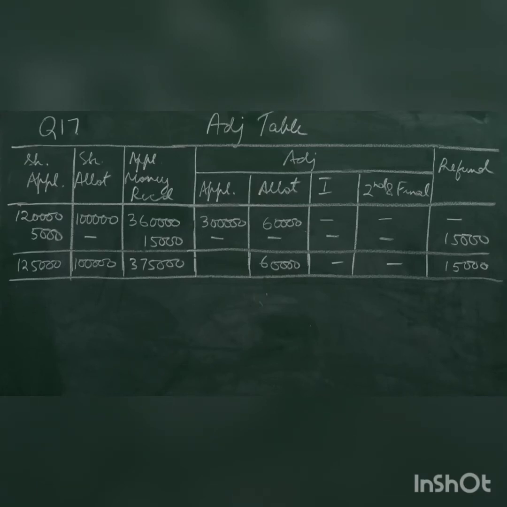Since the firm has received more applications than offered, and they have been categorized into two, we have to prepare an adjustment table to find out any excess money received from any category which will be adjusted towards allotment money.